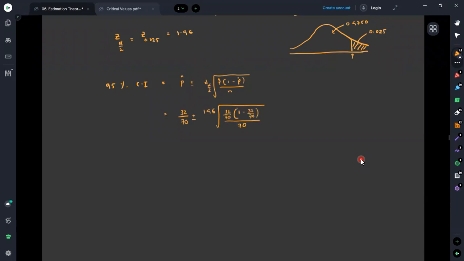Now we have to perform this calculation. Once you get the values, we'll see what we get. Here, we get 32 over 70 plus or minus this answer, which would be 0.1167.